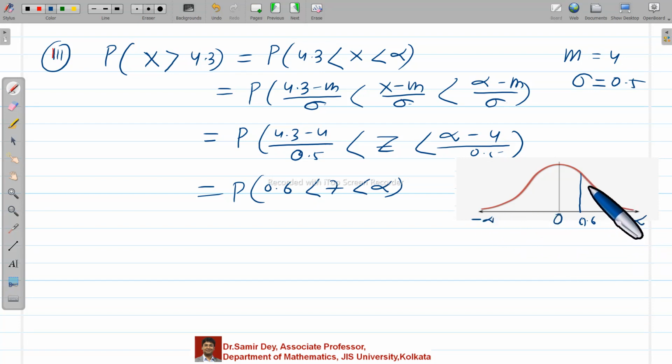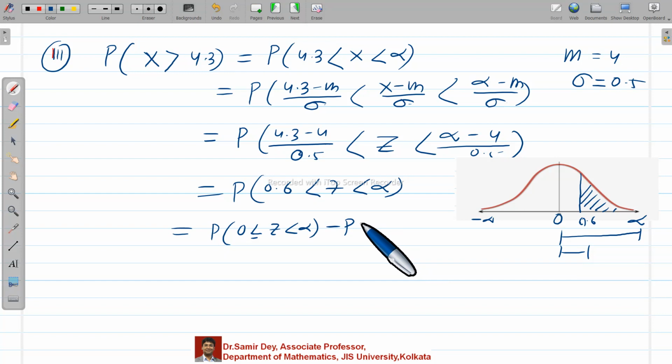So we need to calculate this area. Then what you do? Very simple. From here you may write probability 0 less than or equal to z less than infinity minus probability, that means total value minus this value, that is 0 less than z less than 0.6.